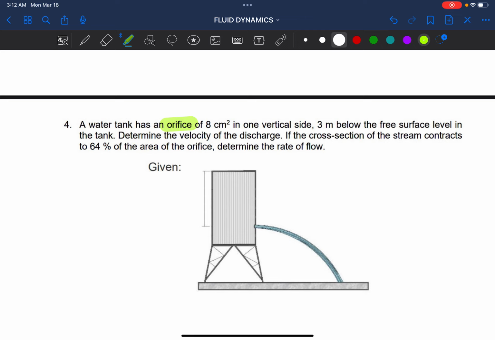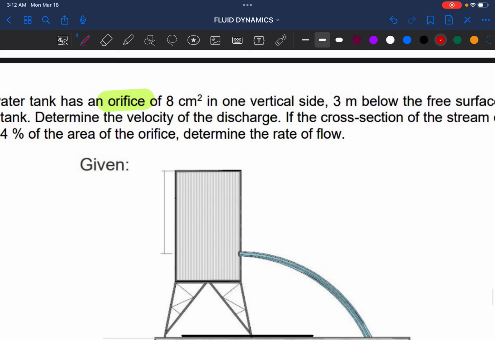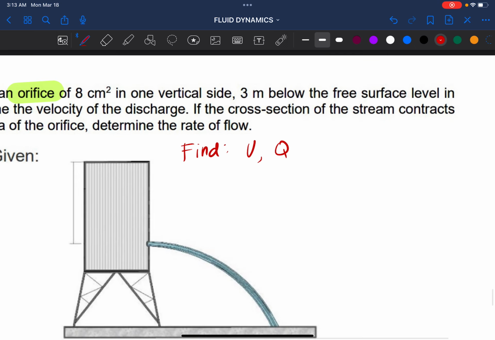Ang pinapahanap sa atin is yung velocity at saka yung discharge na gagamit tayo ng 64% nung cross-sectional area lang niya. So, ayan. Meron tayong formula, solution, na kapag ganito ang type ng problem, tandaan nyo, whole to ha, whole, or butas.